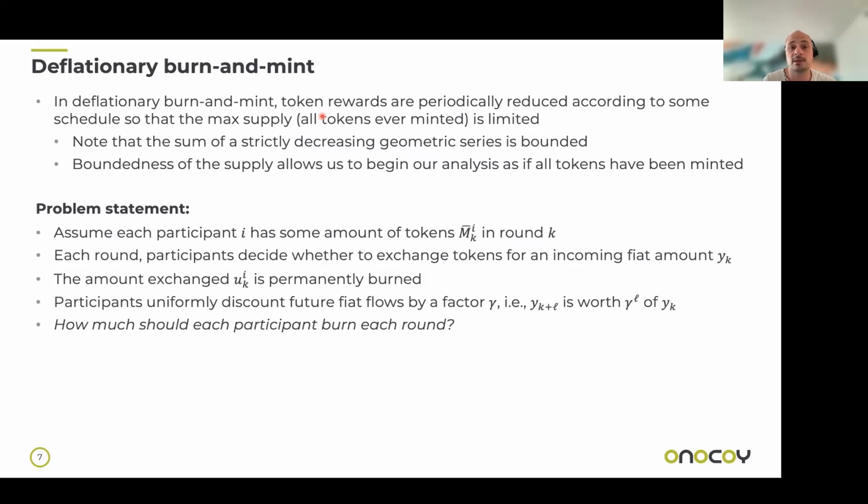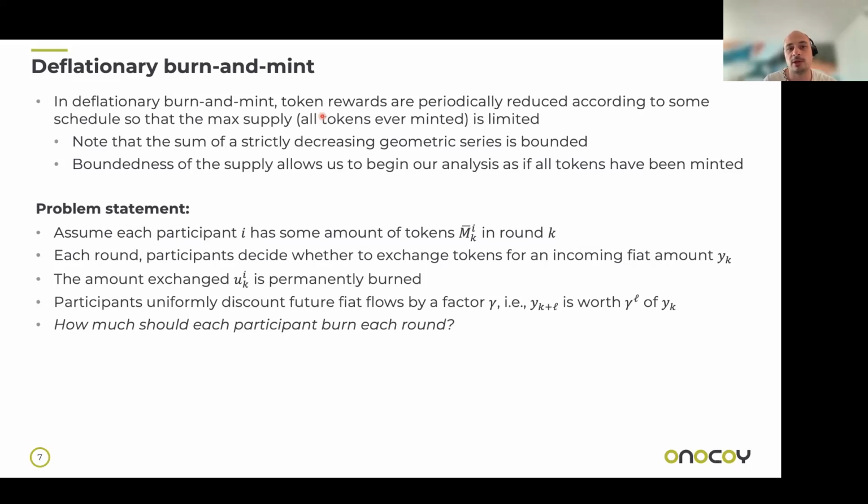What that does is it limits the entire max supply. So basically all the tokens that will ever be minted are limited. And that's because the sum of a strictly decreasing geometric series is bounded. So that's pre-calculus 101. Boundedness of the supply is really important here, and we'll see why that is.